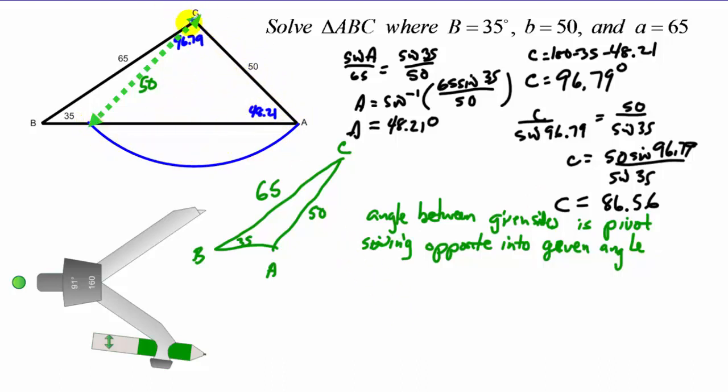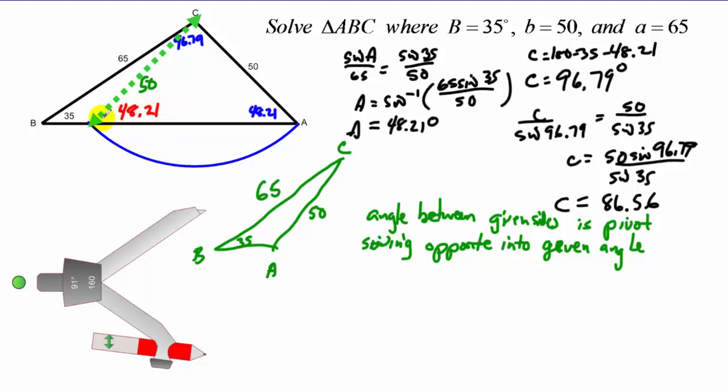Now in this new triangle, here's something we know. Again, here's my new triangle to the left, but in the triangle to the right, this triangle is an isosceles triangle because I have two sides of 50. We know from geometry that base angles are equal in an isosceles triangle, so this angle over here is also 48.21.